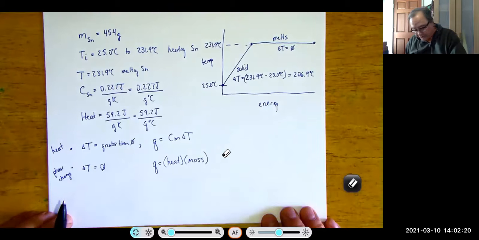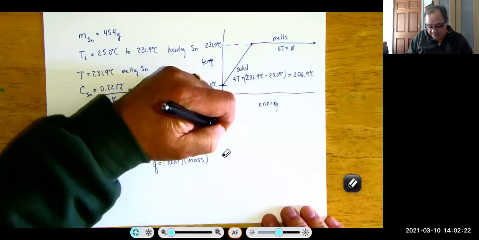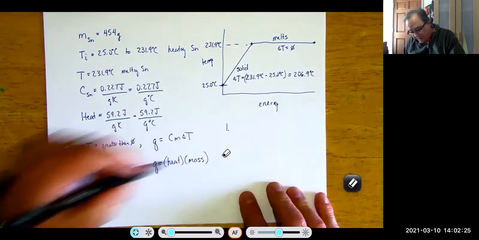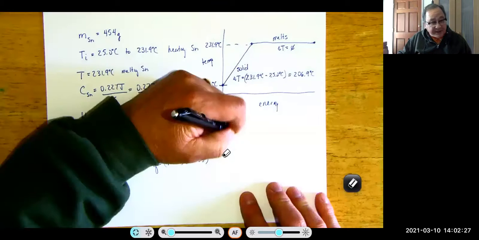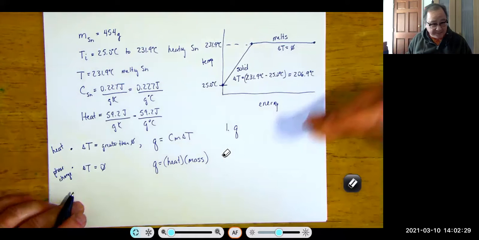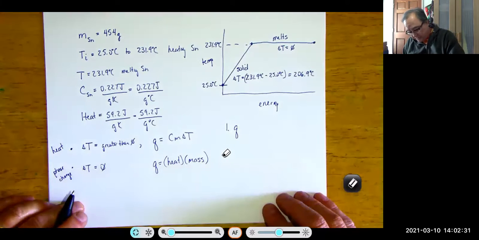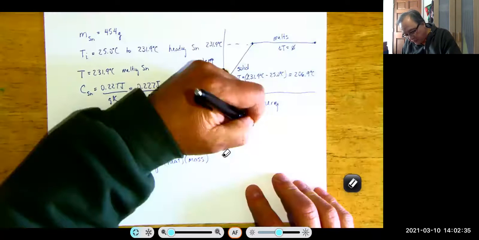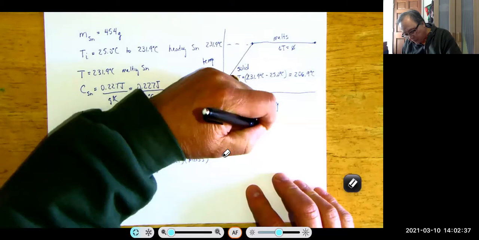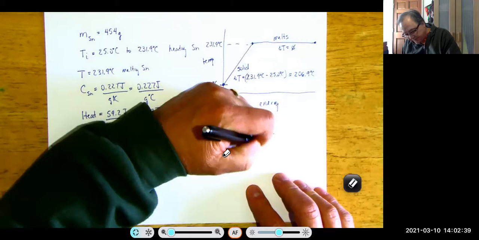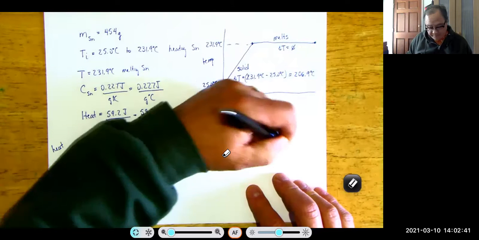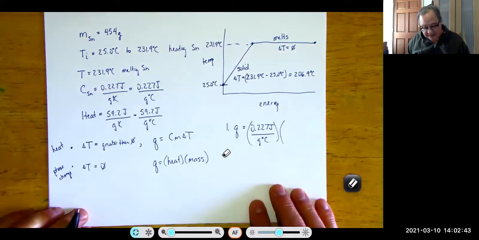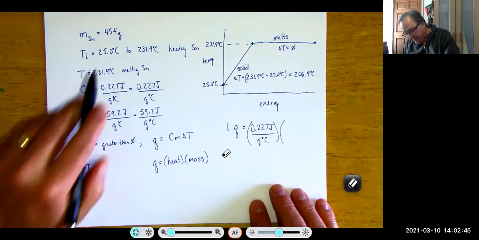Okay, so let's do the change in temp one first. I'm not going to write Q of the tin because everything here in this problem refers to tin. So specific heat capacity is 0.227 joules per gram degrees Celsius. And then we have the mass of the tin is 454 grams.